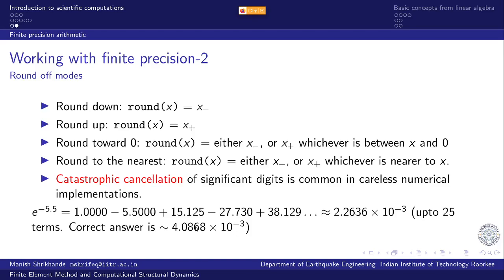So, bottom line is, catastrophic cancellation can happen without warning, and you may be none the wiser. You may not even realize that what you are computing is completely wrong, unless you look very closely, unless you are aware of the problem.